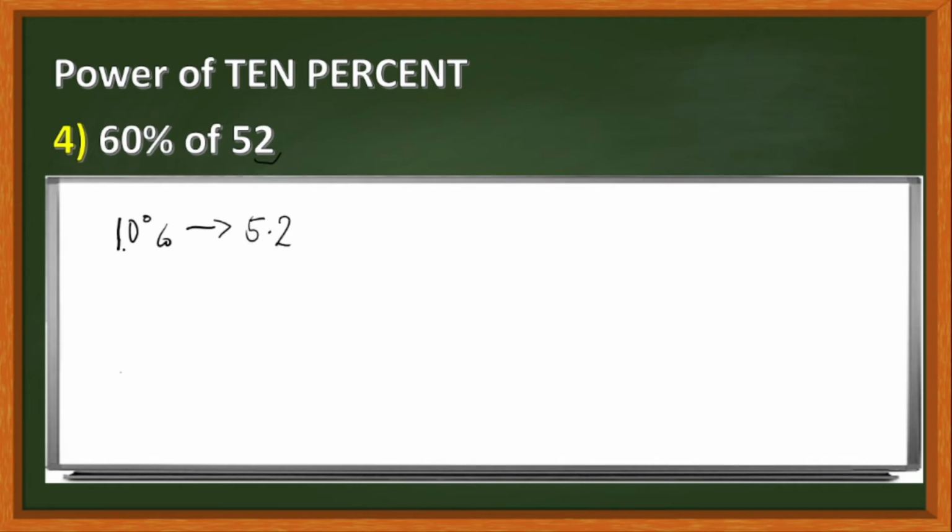So how many 10% are we going to get? 6. So just multiply 5.2 by 6. 6 times 2 is 12. Regroup 1. 6 times 5 is 30 plus 1 is 31. And count the decimal point, which is 1. So the answer is 31 and 2/10.